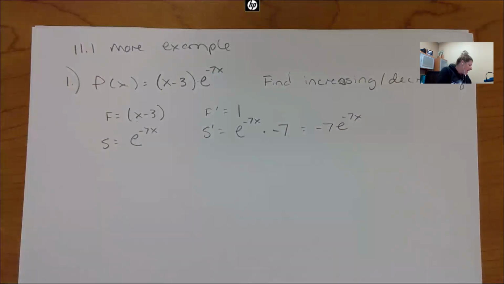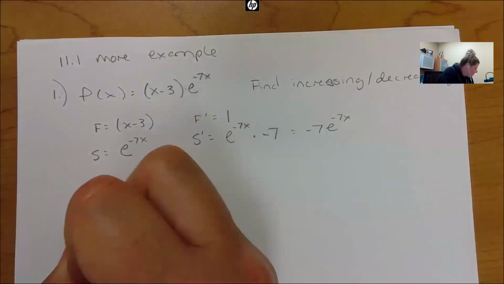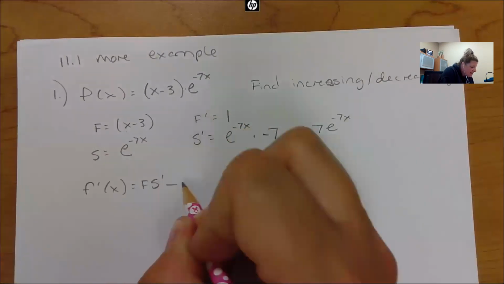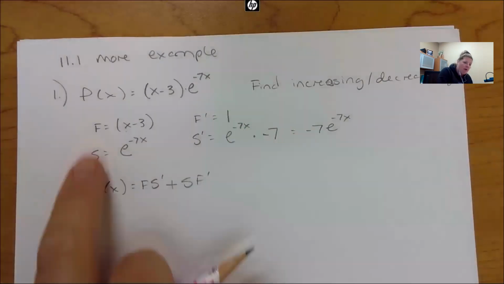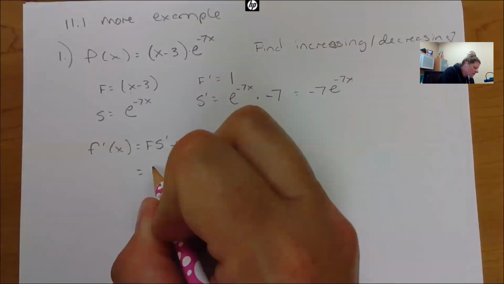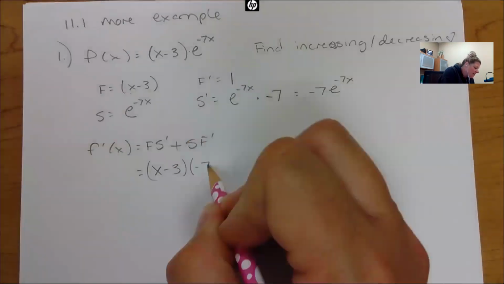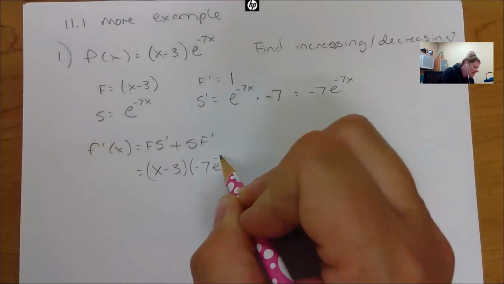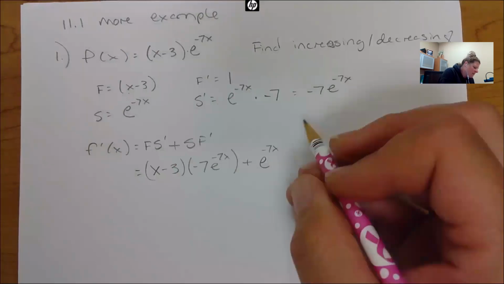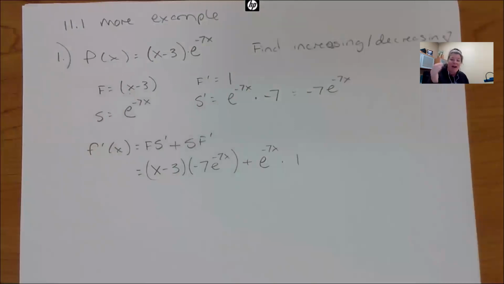Now the rule says that the derivative is equal to first times the derivative of the second plus second times the derivative of the first, and we just labeled all those. So it's going to equal x minus 3 times negative 7e to the negative 7x, plus the second, e to the negative 7x, times the 1. All right? So then from here, we need to simplify.